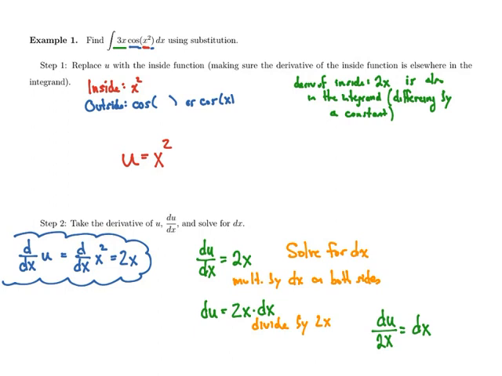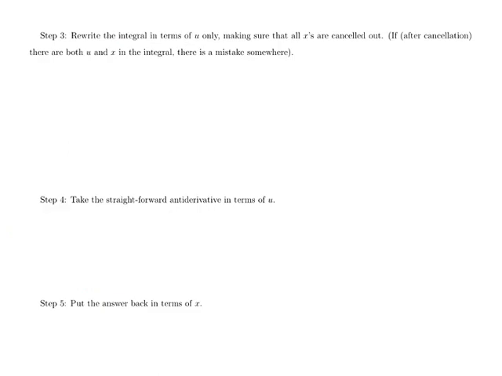In the next step, we're going to bring everything together. So we're going to rewrite the integral in terms of u only, making sure that all x's are canceled out. So let's remember what our initial integral was. We had the integral of 3x cosine of x squared dx. And we know that this x squared we can rewrite as u.